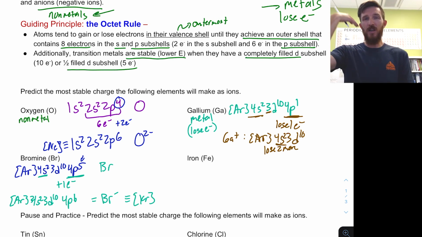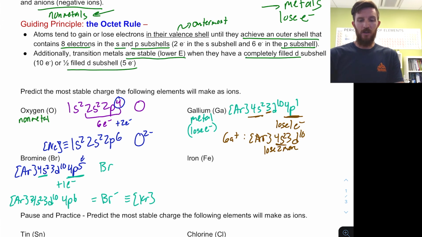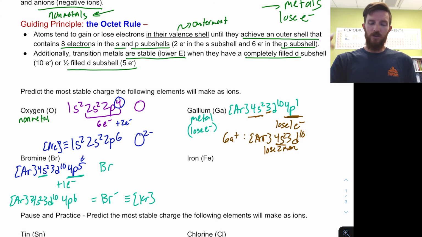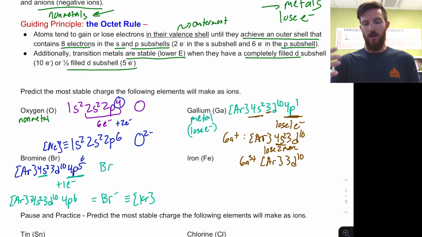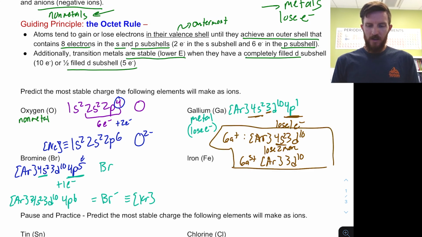Okay, and we're always going to lose the higher energy ones first, which in this case would be the 4p electrons. And we lose 2 more, and that would give us gallium 3+, which is argon 3d10. And if we go back and look at the n equals 3 shell, we would have 3s2 3p6, and that's included in our argon electron configuration. So we see our gallium makes 2 possible charges here, and we were able to observe that by looking at our electron configurations.